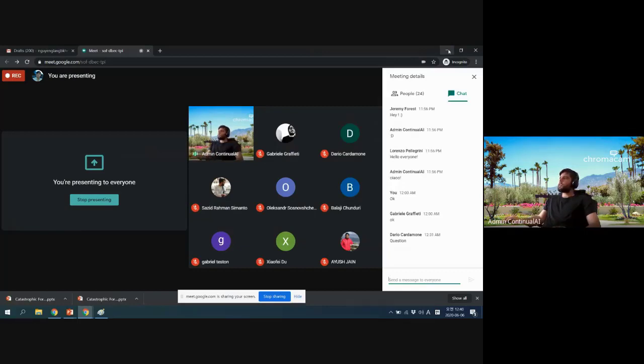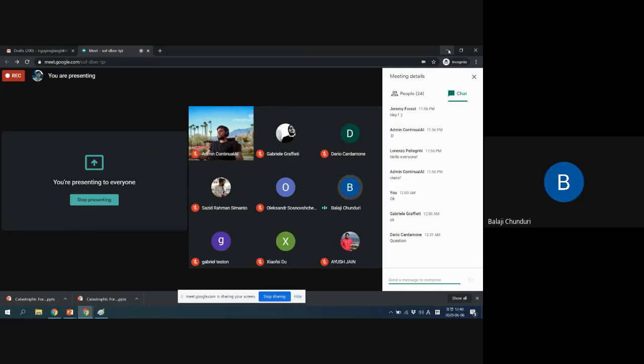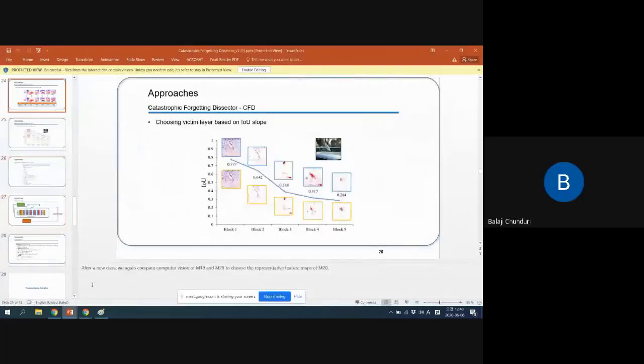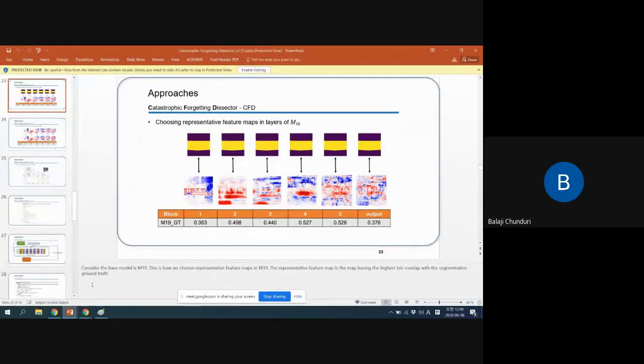Great. So do we have any more questions for this reading group session? One more question, a very minor thing. When you're comparing any feature map with the ground truth, let's say for a segmentation problem, how do you transform the feature map so that you can compare it with the ground truth?